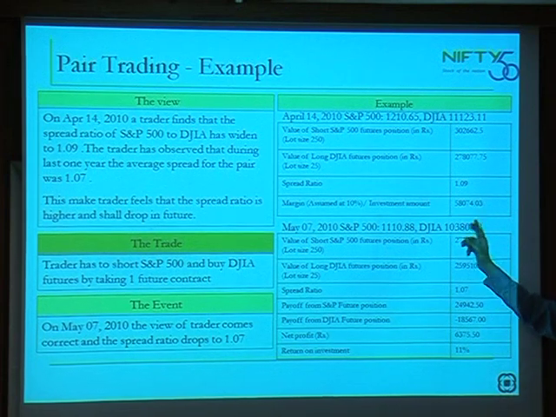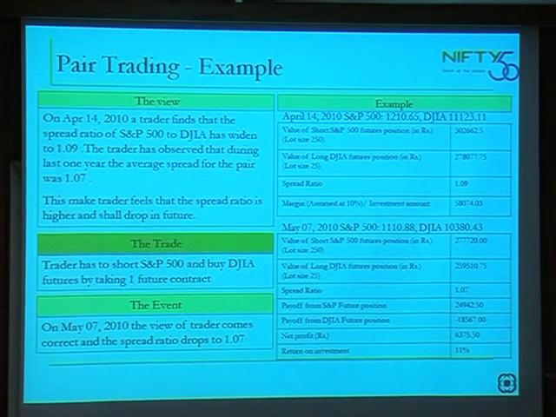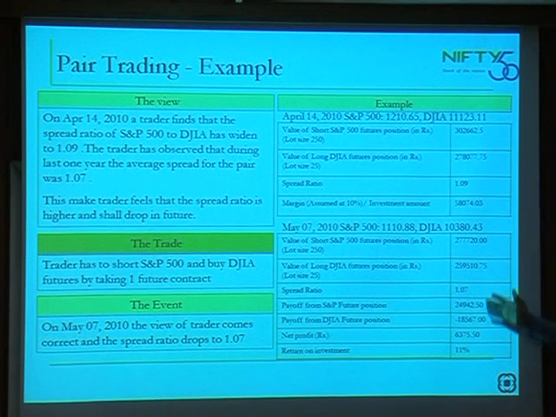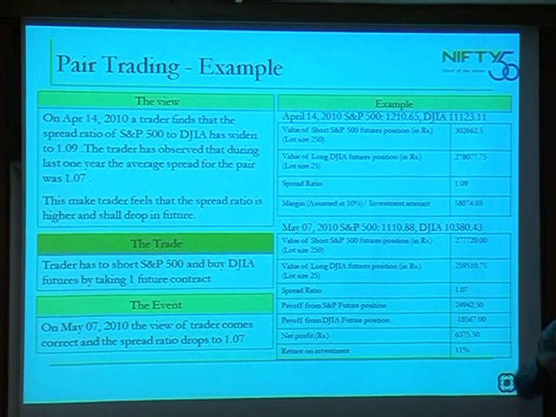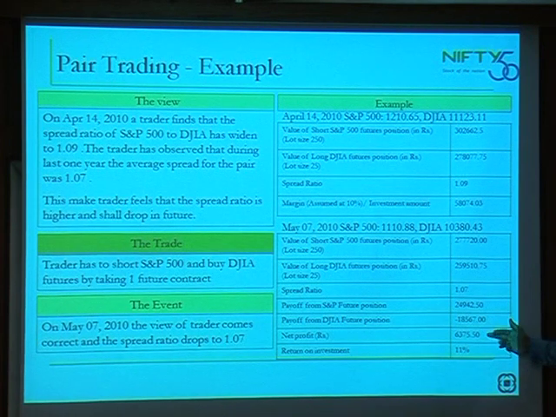I have taken a margin of 10%, without giving you the advantage of spread benefit or cross product benefit, around 60,000. The mean reverts to 1.07. You reverse your positions. This is the profit that you make, and if you compute your returns, it will come to around 11%, and this is without the cross margin benefit.